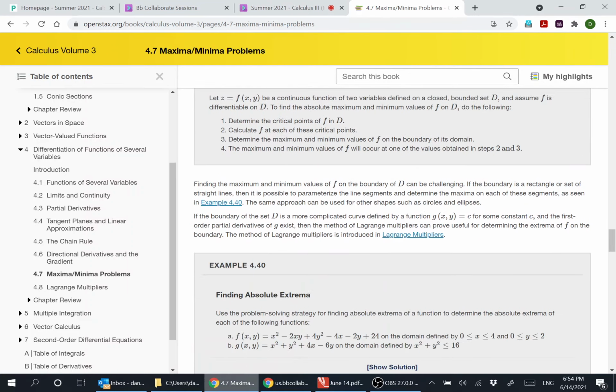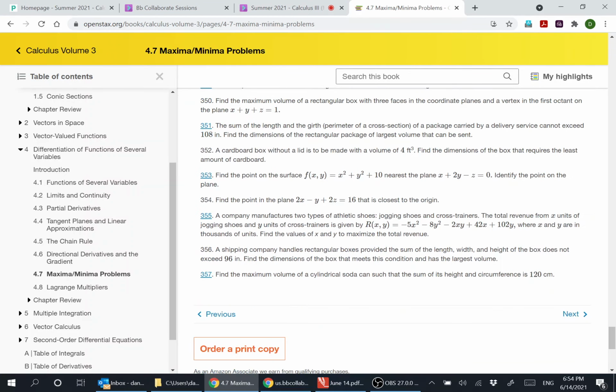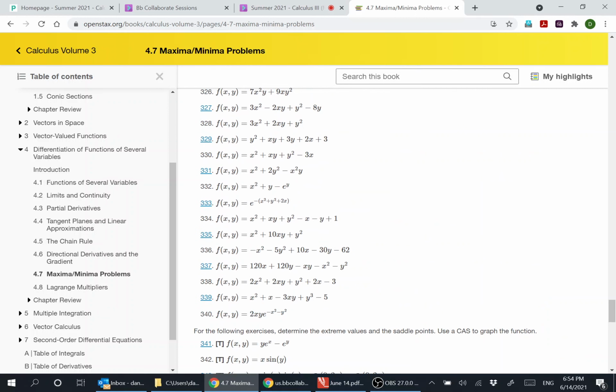Are those any different? 333, 339. Well, 339 might be interesting. Why don't we take a look at that one? But what about 333? I mean, just look at it and tell me what it is. Where's the critical point and what is... Oh, no, that's not a squared.